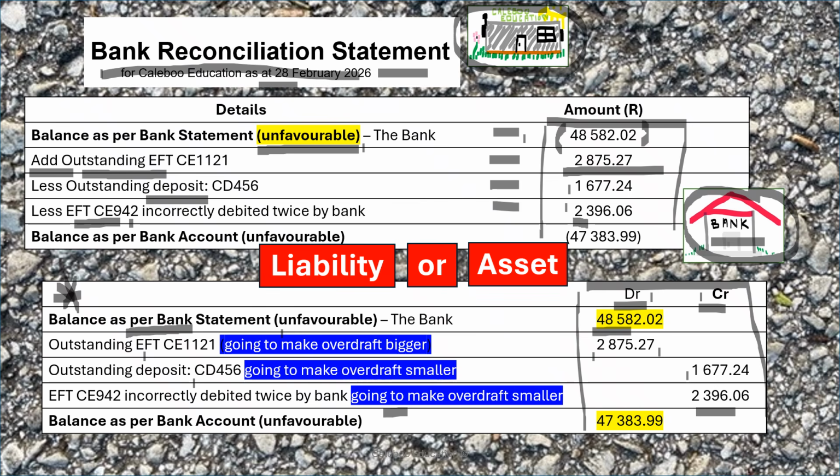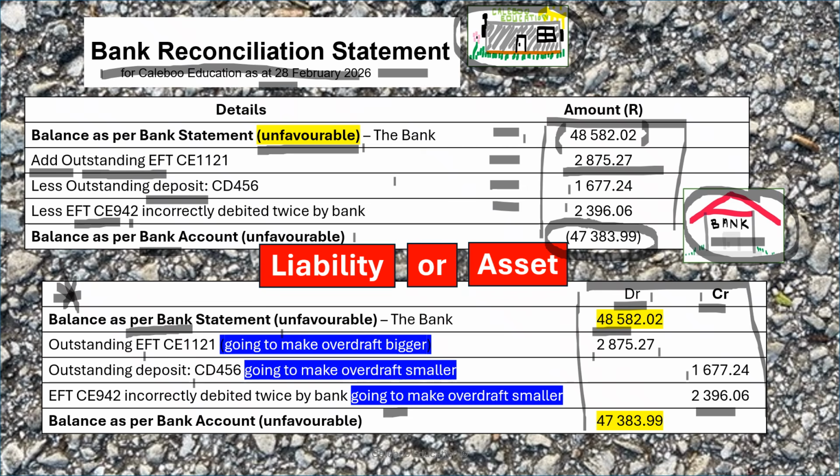It's going to give us an overdraft balance, an unfavorable balance, as per the bank account of 47,383.99. This bank reconciliation statement is for February.